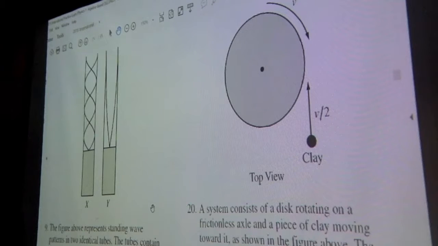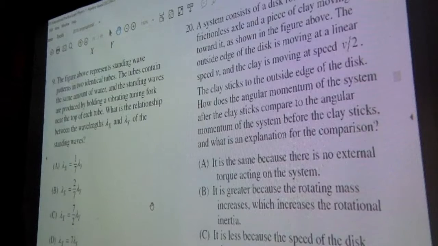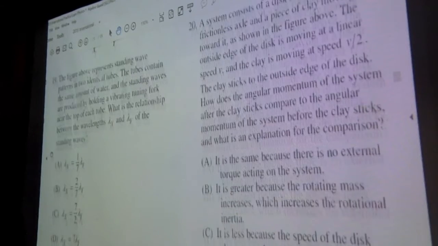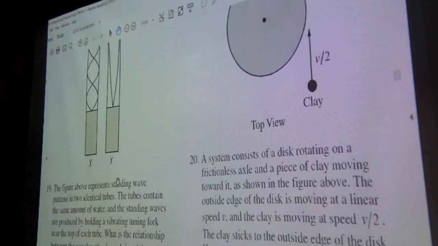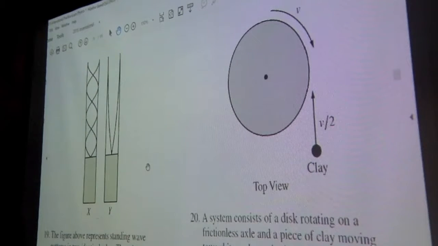You go back down to the options. B. I could agree with that. You agree with number... What's that answer?